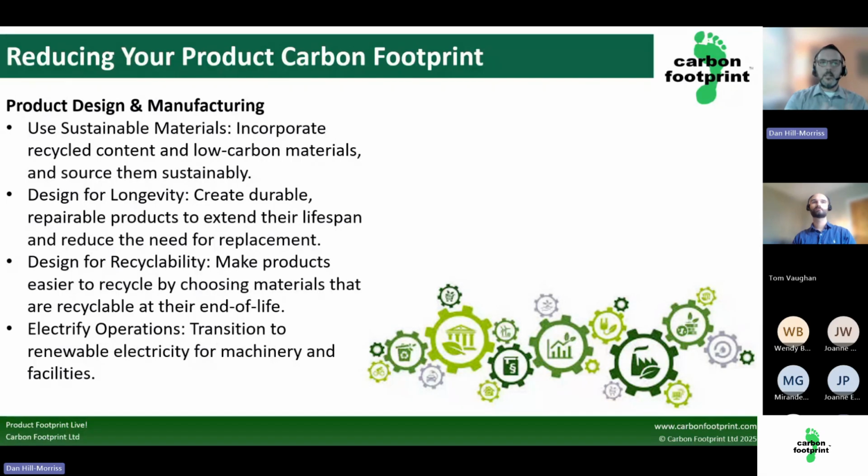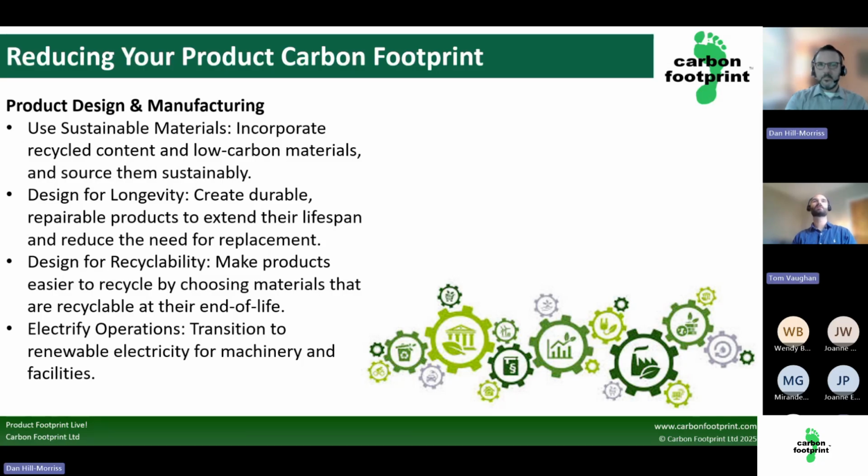They're going to suggest that you look at product design and manufacturing, as in sustainable materials, longevity, recyclability, electrifying the operations, all of the headline stuff. This is again quite closely aligned to that ESPR piece, Tom, isn't it?